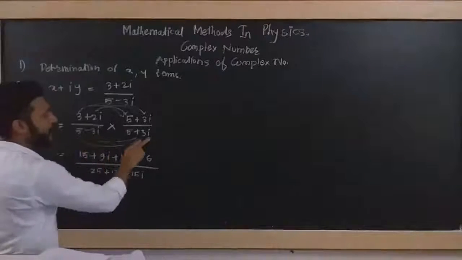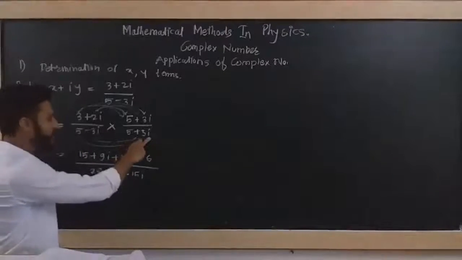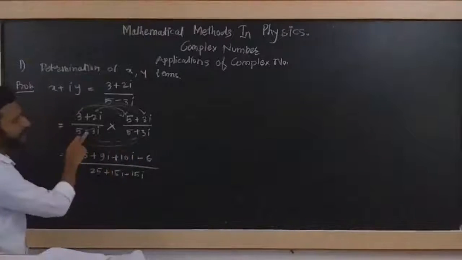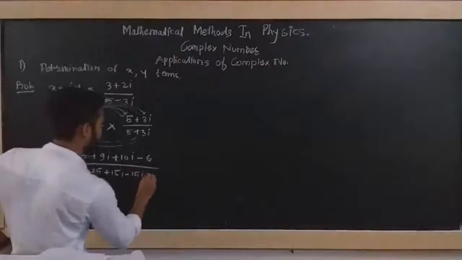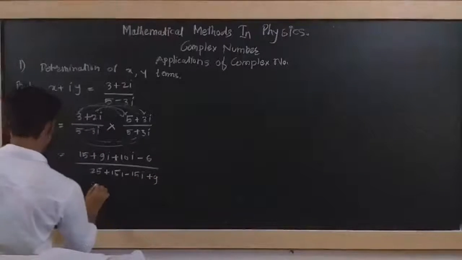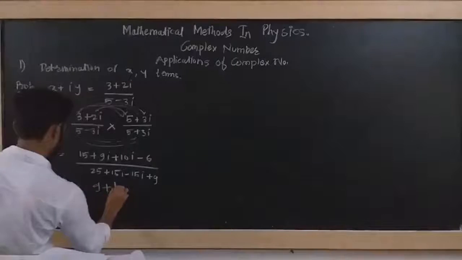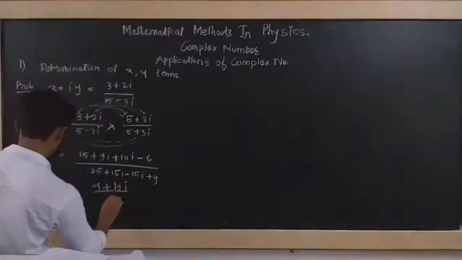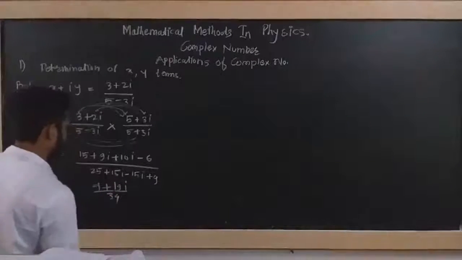Now here i into i is i square, minus 9, but there is already a minus sign, so plus 9. So we will have the answer (9 plus 19i) upon 34.